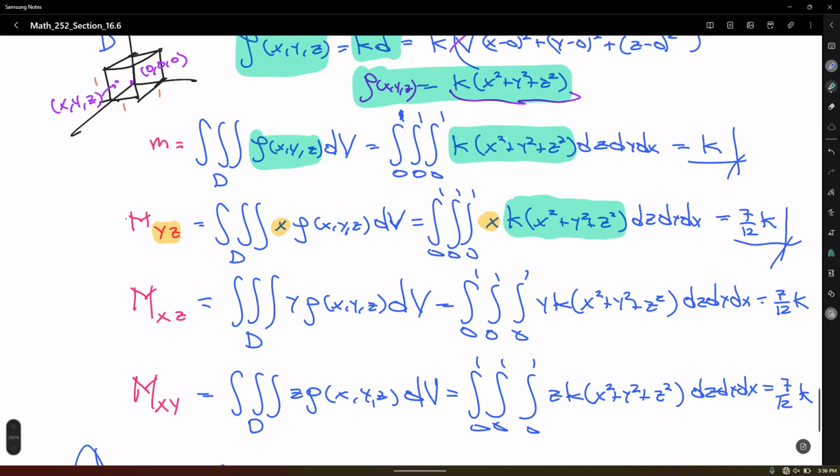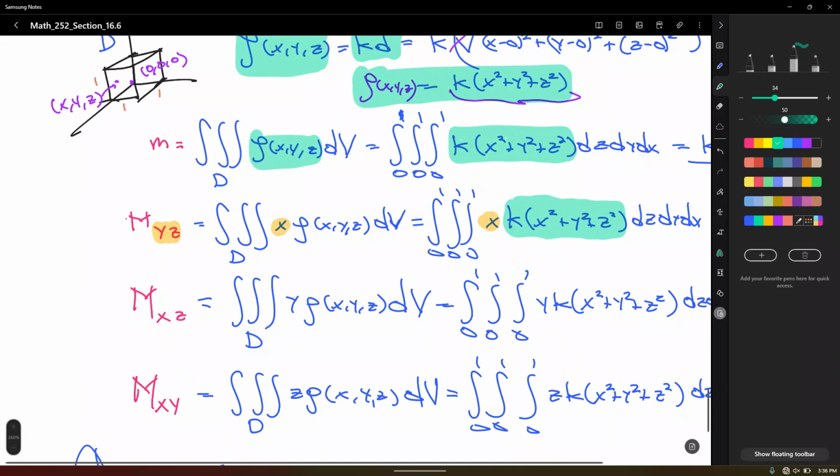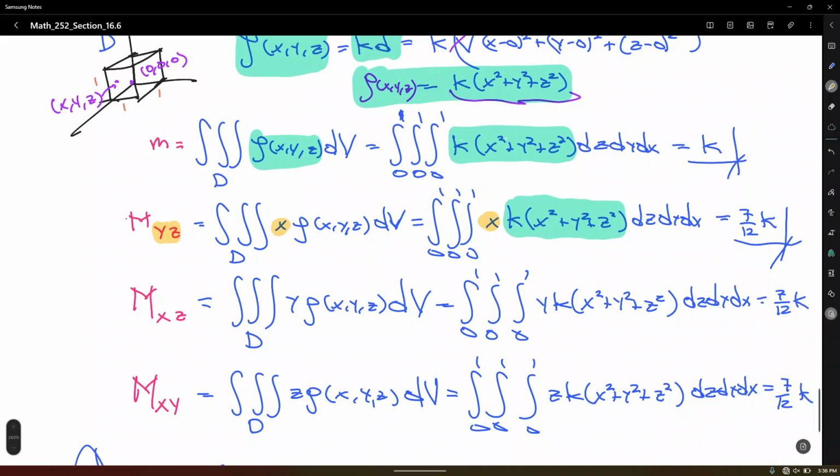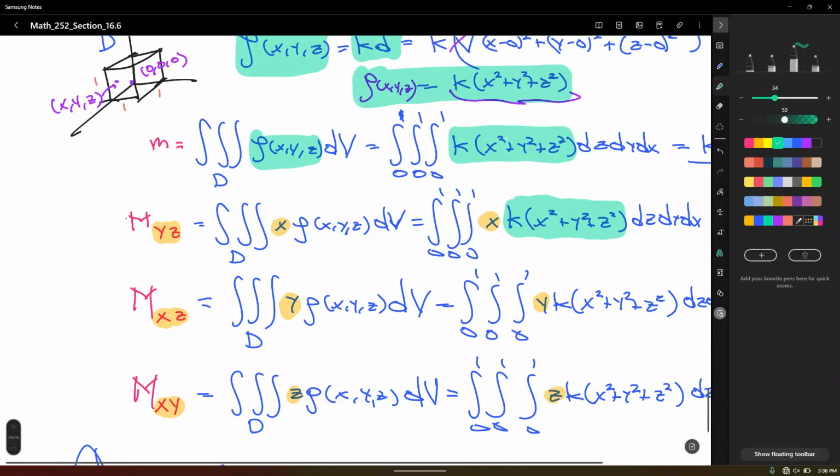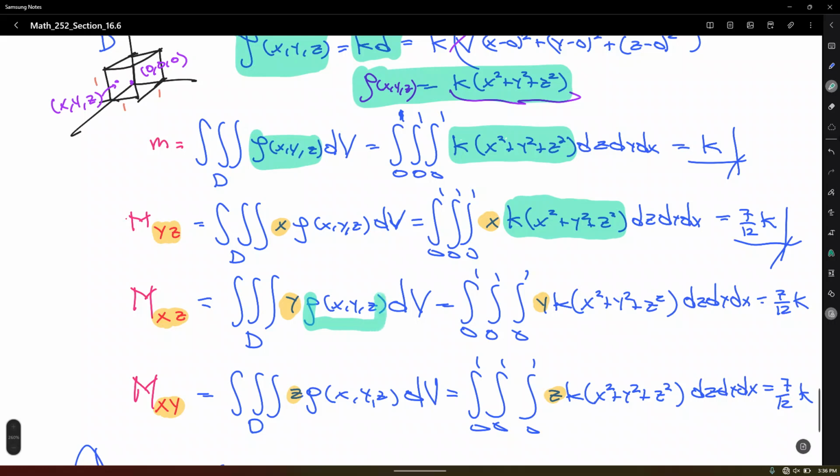In a similar way, we're going to compute the moment about xz, which involves a distance y, and the moment about xy, which involves a distance z. And again, we are simply integrating the same. I know it's a lot of work evaluating these triple integrals, but the bigger picture is that it's simply integrating some functions.